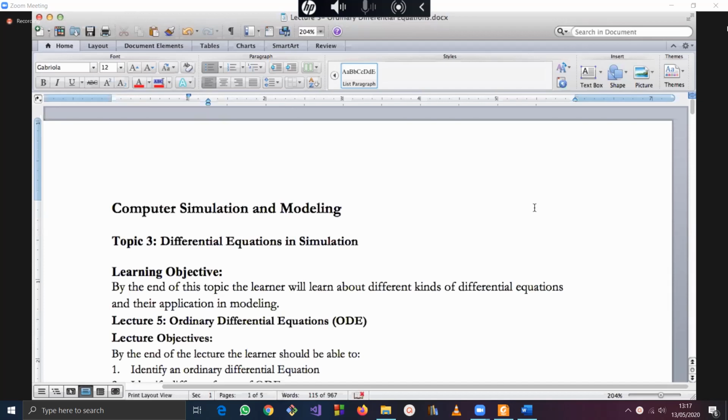And therefore, we need to find a way in which we can analyze these equations. The way you can analyze these equations is through differential equation analysis, or solving the differential equations. Now, to solve these differential equations means we need to find a solution.